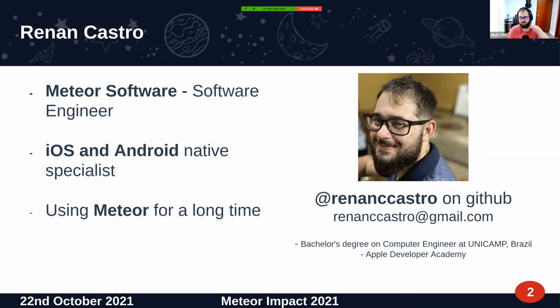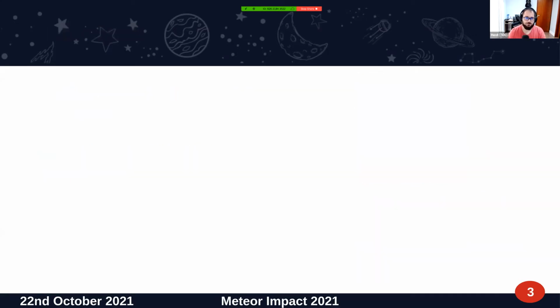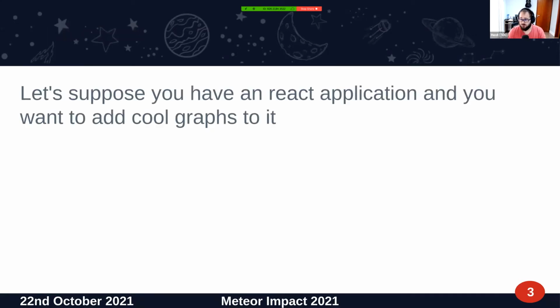And I think the main thing about it is that I'm using Meteor for a long time. So these troubles that I'm going to talk about here are the ones that I faced, in personal projects or on production projects. If you want to know more about me, please reach me out on GitHub. Okay, so let's start.